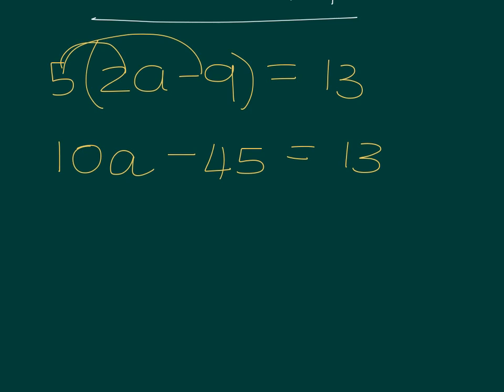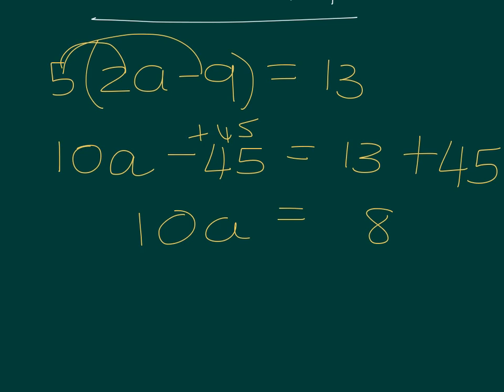Well, let's first get rid of the 45, that'll probably be easier. Remember, we always look at the number before. So we say plus 45 on both sides. Now we've got 10a is equal to 13 plus 45. What's that? 5 and 3 is 8, and 4 is 58.